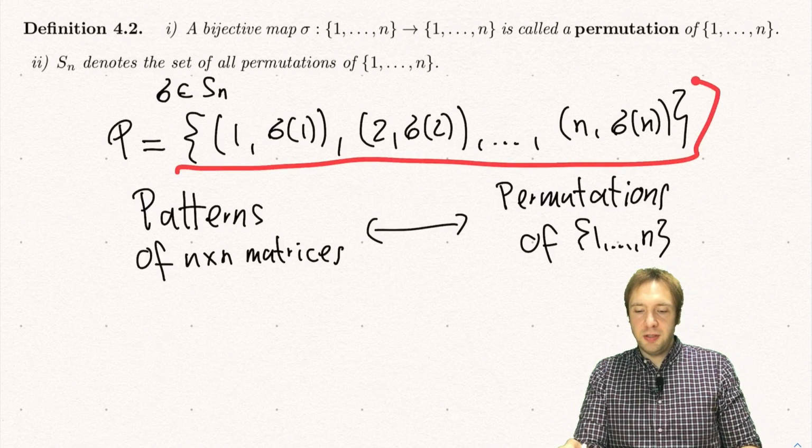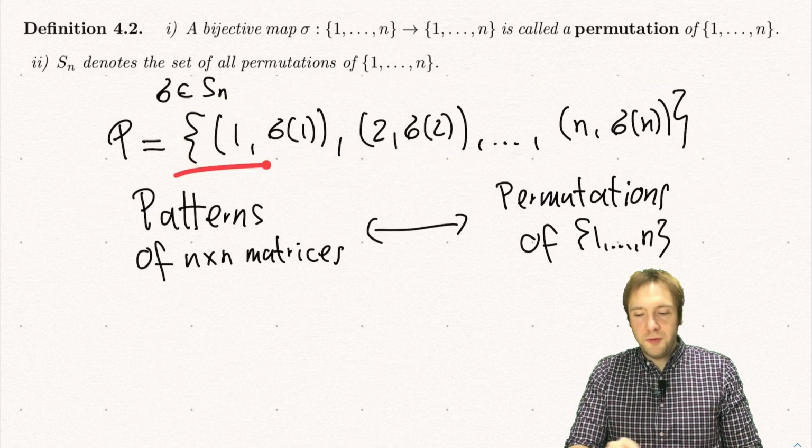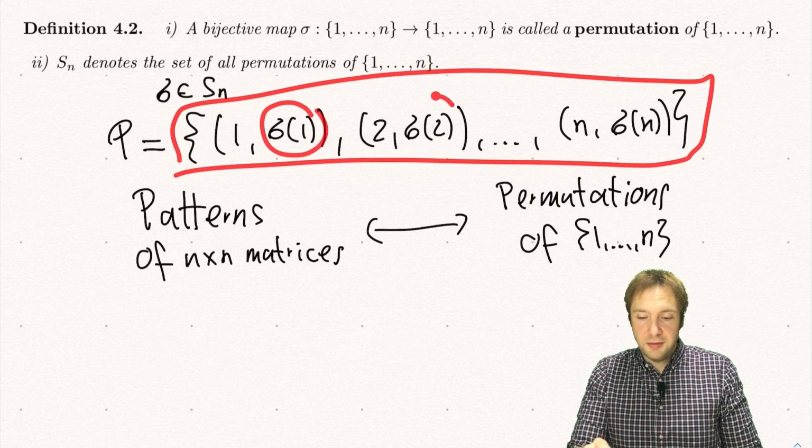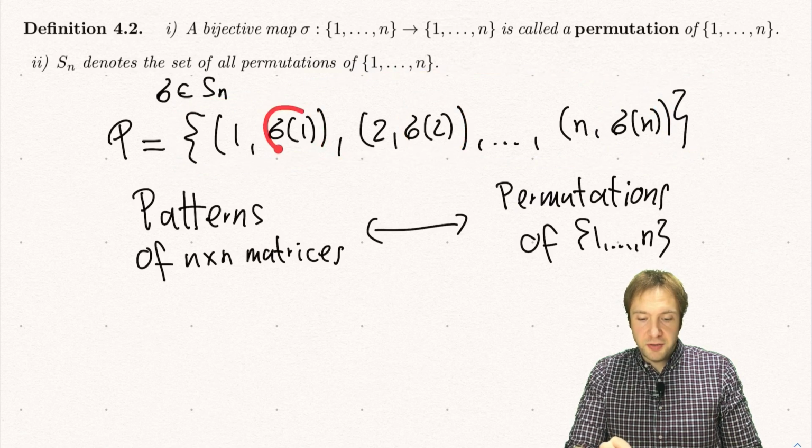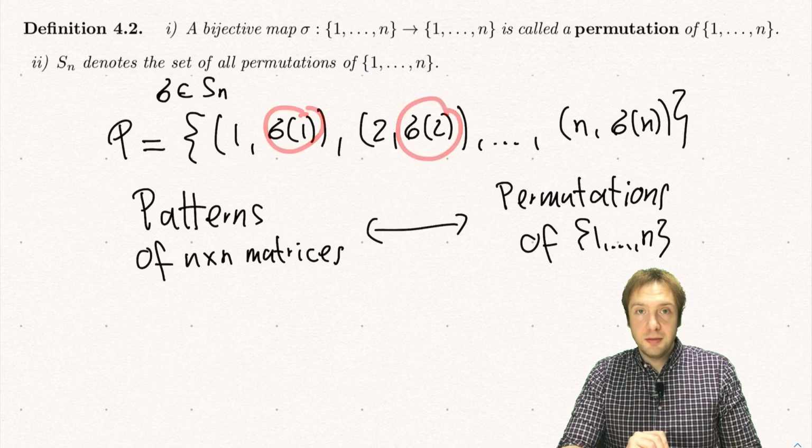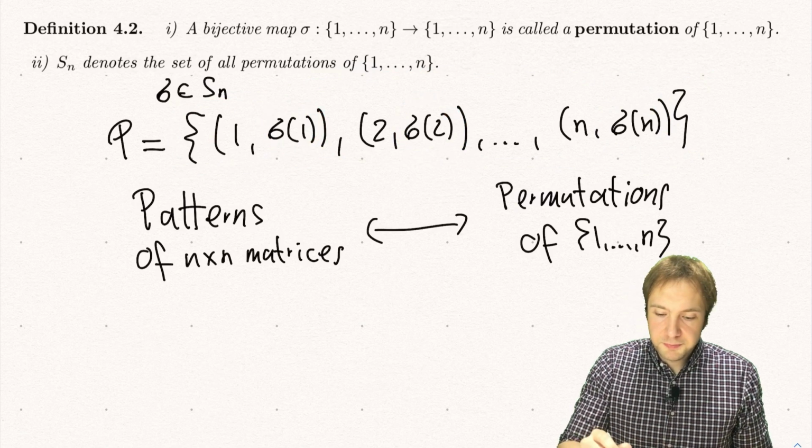Because each permutation gives a pattern, but also if you start with a pattern, you can get a sigma by just reading off the second entry in these pairs.